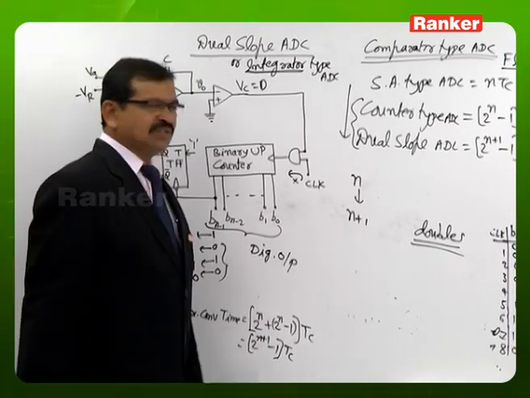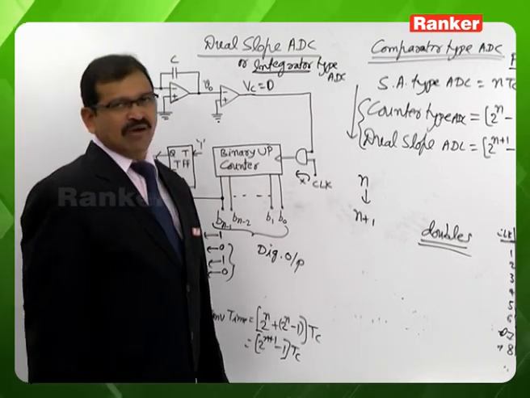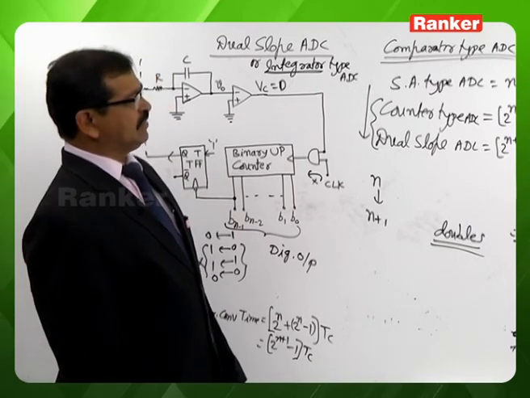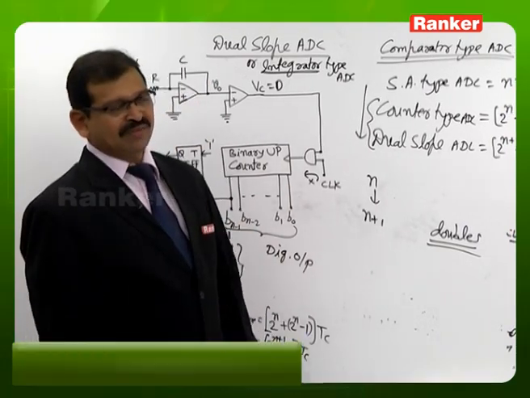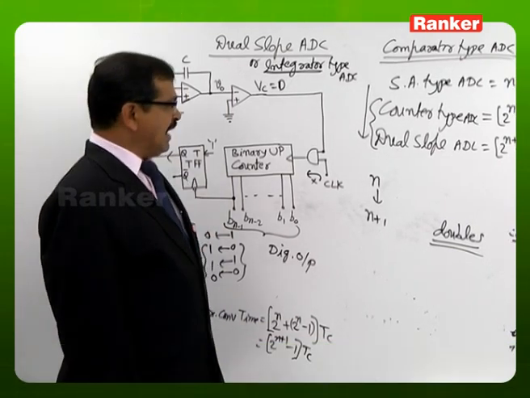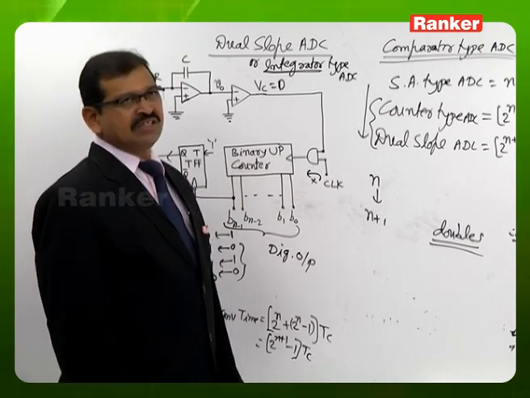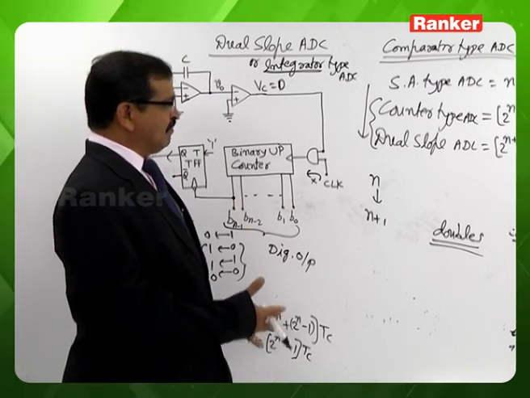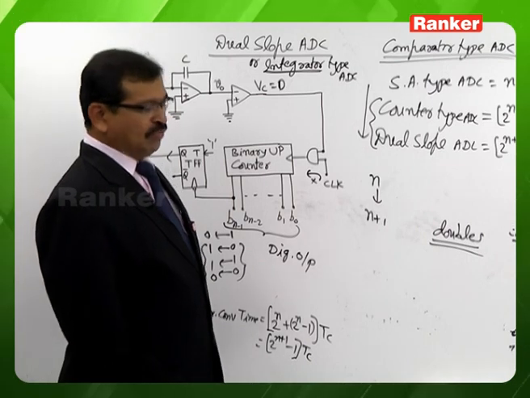So these are the basic differences we can look at among these various analog to digital converters. Whatever analog to digital converter circuit we practically use, it must be any one of these. In most of the digital voltmeters, we are having the usage of the dual slope ADC. The reason is cost is less, conversion accuracy is good, and of course the conversion time is more.